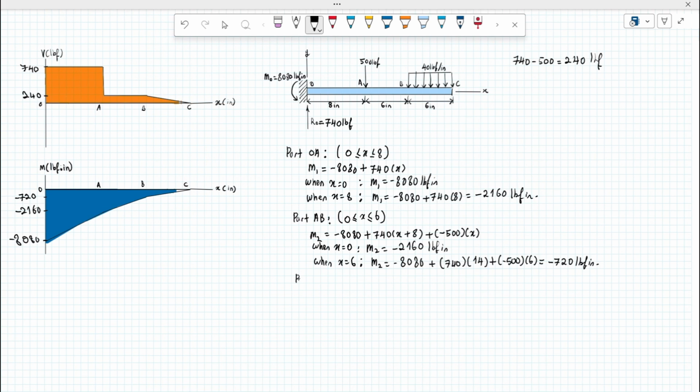Part BC, which is from 0 until yet another one, 6. So here's 0, here's 6. So 0 is like at point B, 6 inches is at point C. So at this part, we're gonna do it like this. So M3 is equals to negative 8080 plus 740, x plus 8 plus 6, because we consider the length before this part.